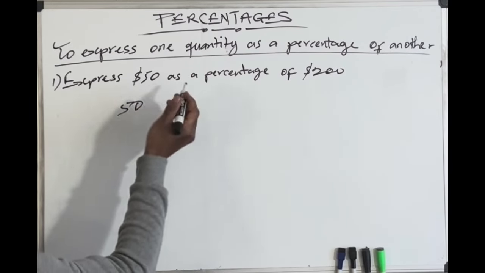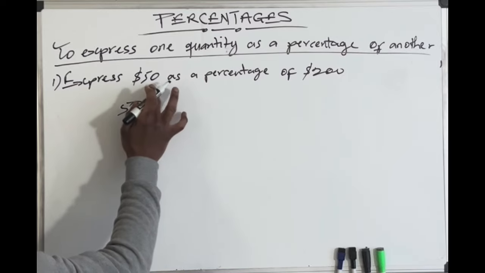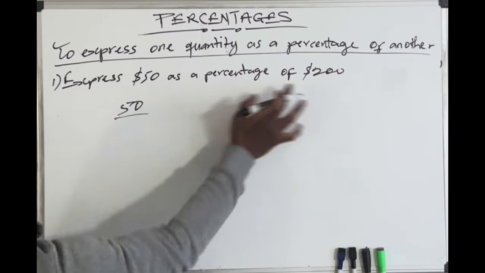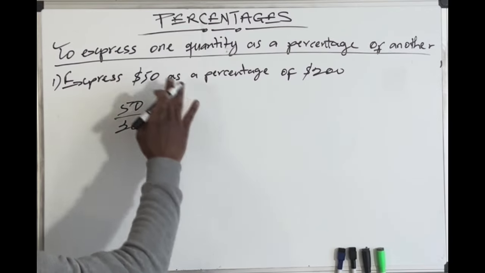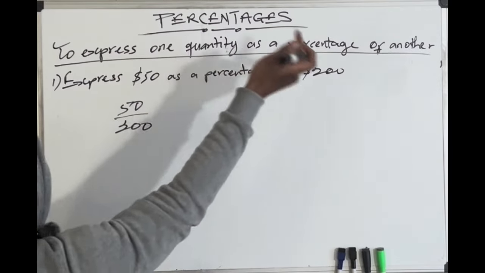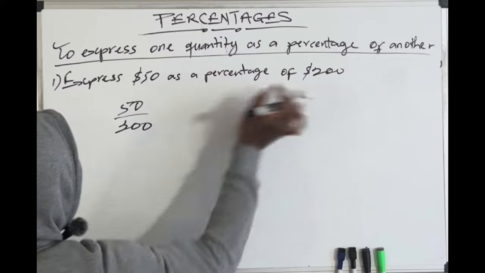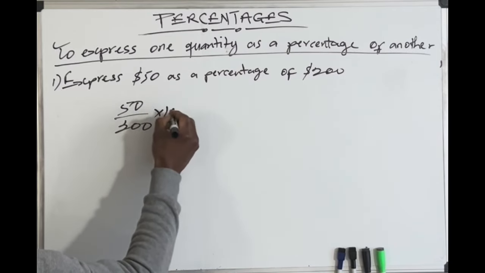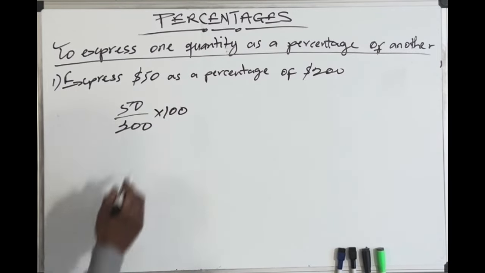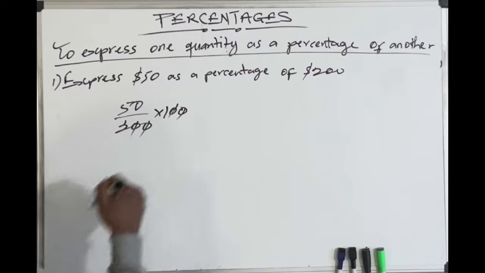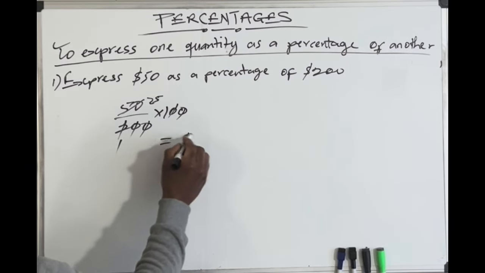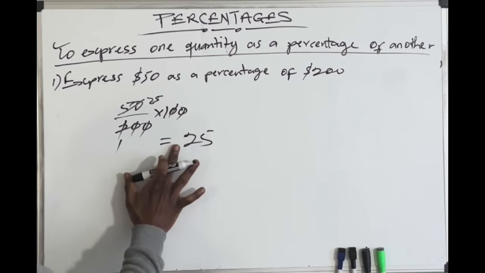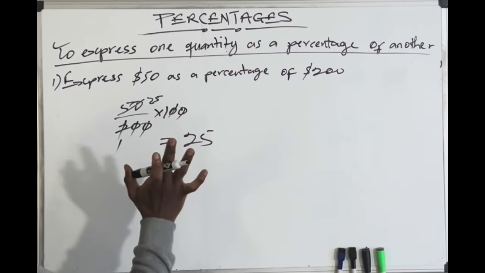Okay, so in these kind of questions, you just write 50 over the 200. Okay, we are expressing one quantity as a percentage of the other quantity. So percentage is mentioned. So times 100. Okay. This two zero cancels this two zero. Two goes here. One goes into 50. 25. So 25. What is going to be our unit? We ask ourselves.